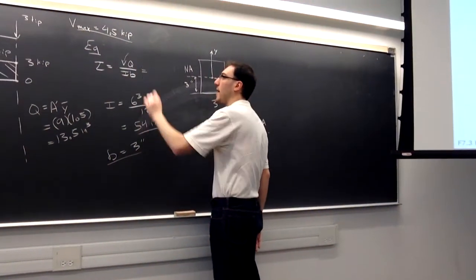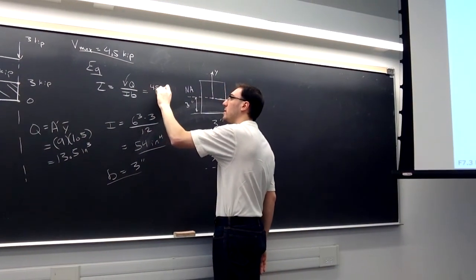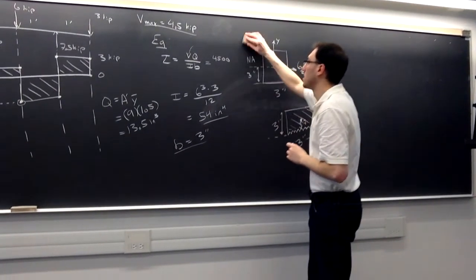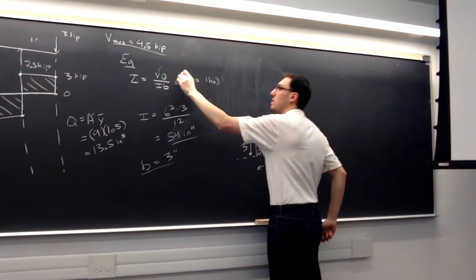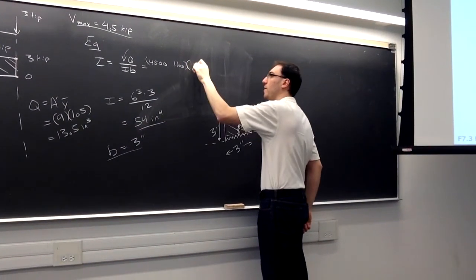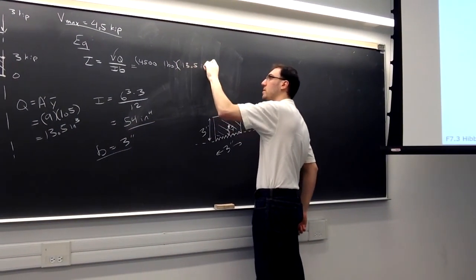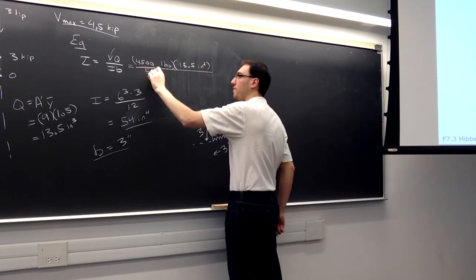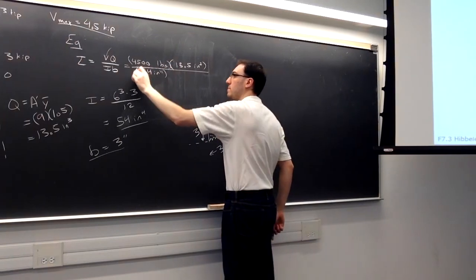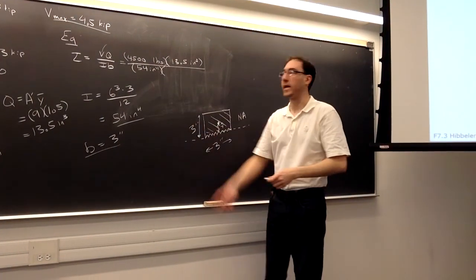So I can put this all together now. I'll have 4,500 pounds times 13.5 inches cubed over 54 inches to the fourth times 3 inches.